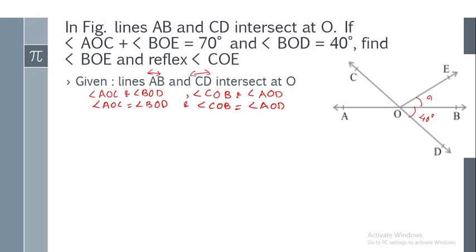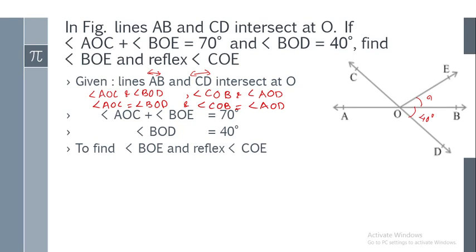So now we are given one more thing, that the sum of angle AOC plus angle BOE is equal to 70 degrees, right? And angle BOD is 40 degrees. Now we need to find two things, angle BOE and reflex angle COE. So let's start with angle BOE.